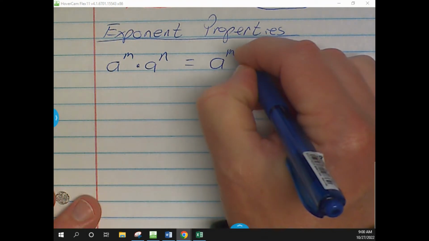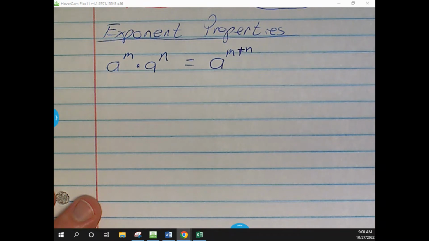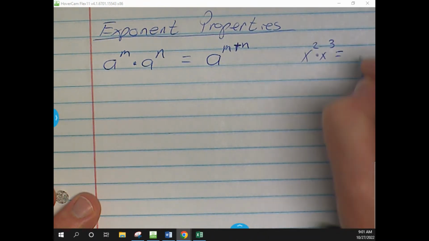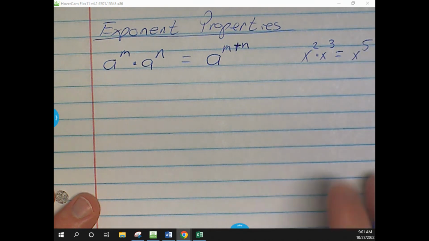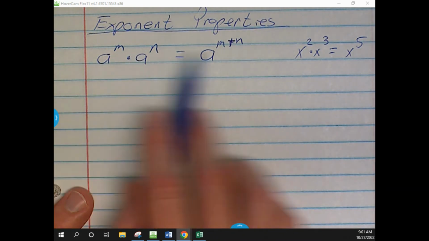That's m plus n. So x squared times x to the third is x to the fifth. So we knew that if we did multiplication, you add the exponents.